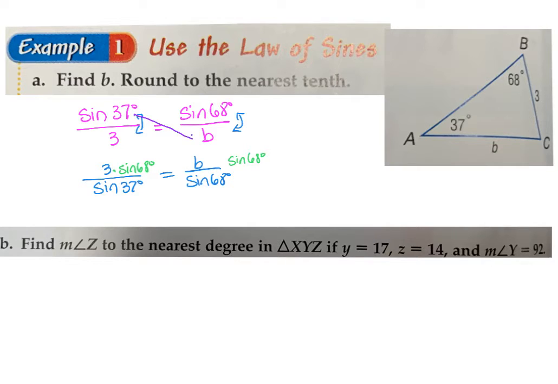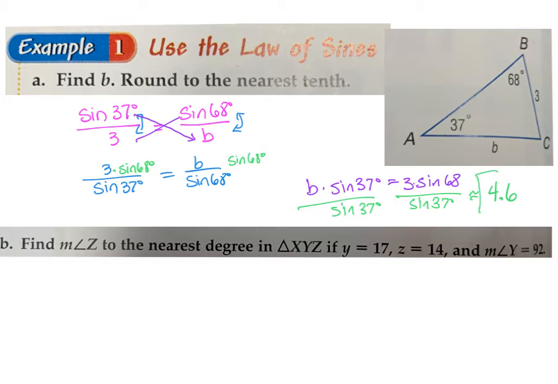You can say b times the sine of 37 equals 3 times the sine of 68, and then divide both sides by sine of 37. Either way you do it, you get 3 times the sine of 68 divided by the sine of 37. Rounded to the nearest tenth, you will get 4.6. So make sure in your calculators that you get 4.6.